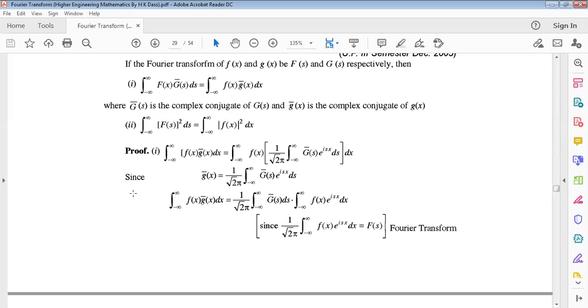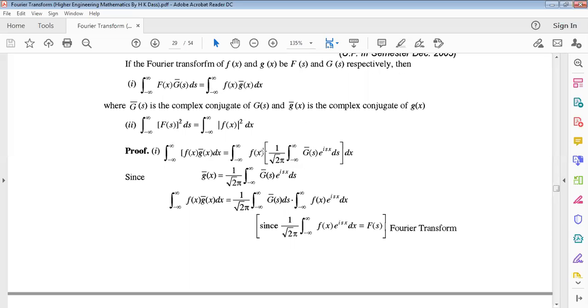Now the proof for one. Taking this one, the right-hand side, the integral from minus infinity to plus infinity of f(x). Now the complex conjugate: what will be 1 by root over 2π, integral from minus infinity to plus infinity of g bar(x)? That means the complex conjugate of the Fourier transform, f(x) e to the power i s x dx.